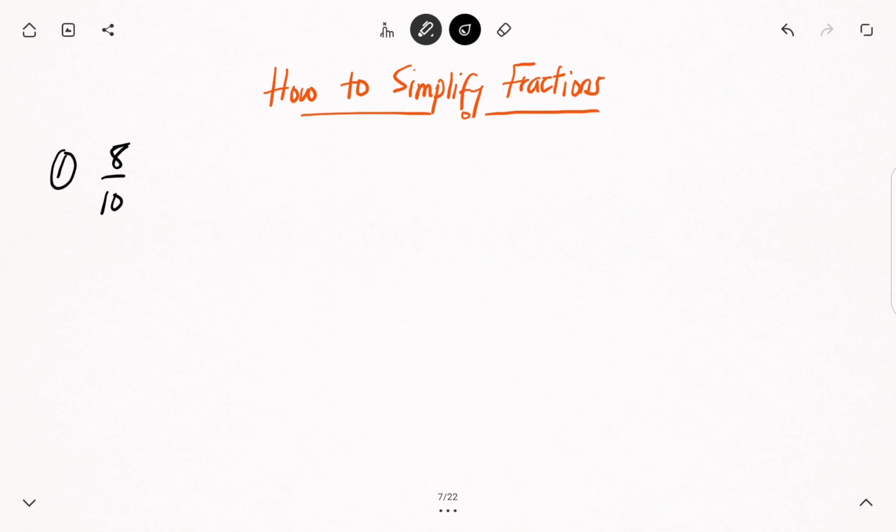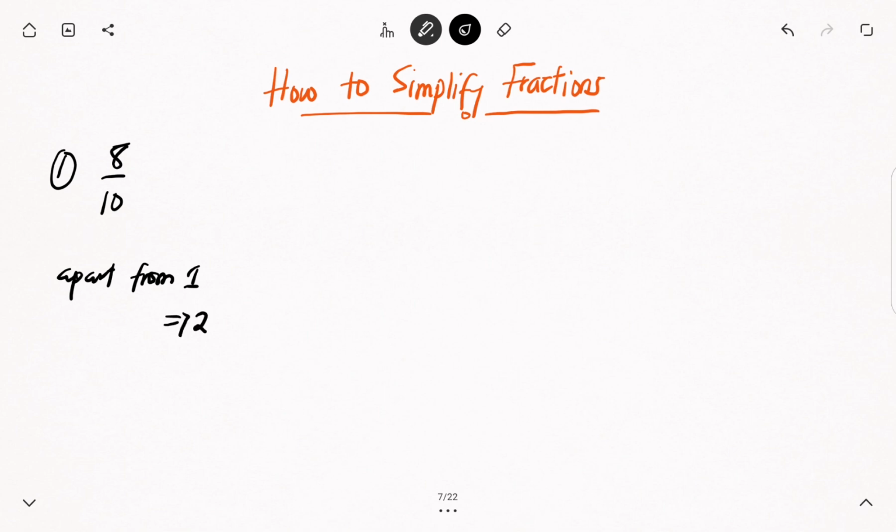Okay, so the first question you ask yourself is, which number can divide both the numerator and then the denominator of the fraction exactly without a remainder? That is the number that you use. So by that, if you look at this, apart from the number 1, the only number that can go into 8 and 10 exactly without any remainder is the number 2.